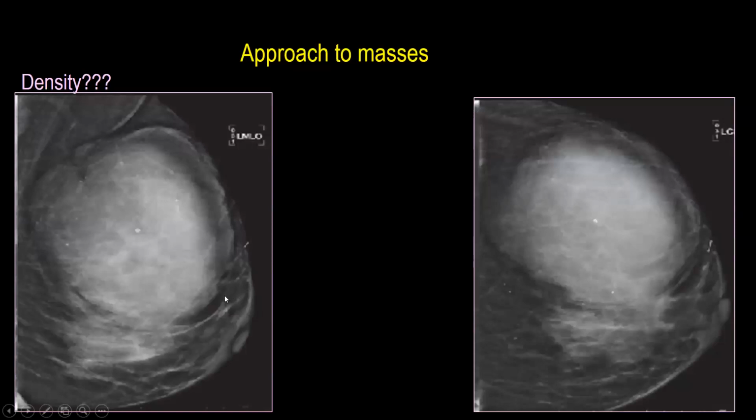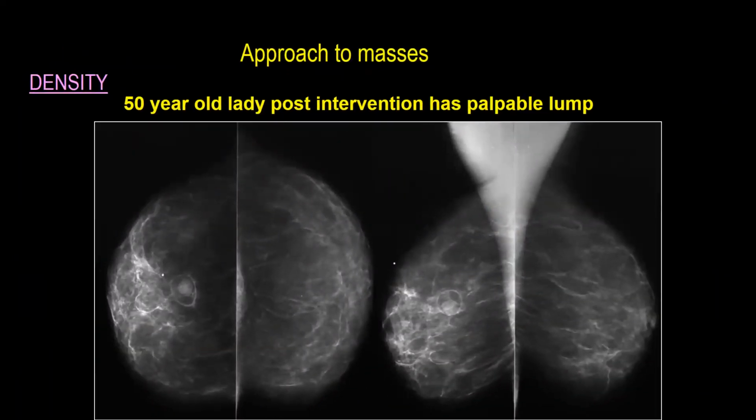Look, this is the capsule and this is the lucency. But mostly the mass is fibroglandular component. The fibroglandular component is much more than the fatty component. Here the fatty component is minimal. So this is a hamartoma.